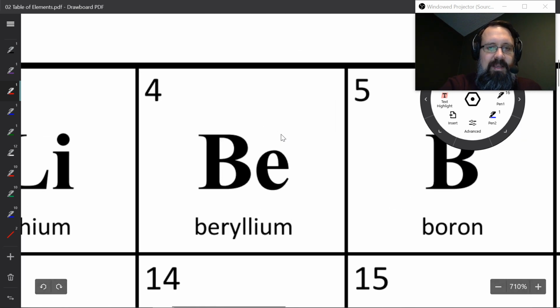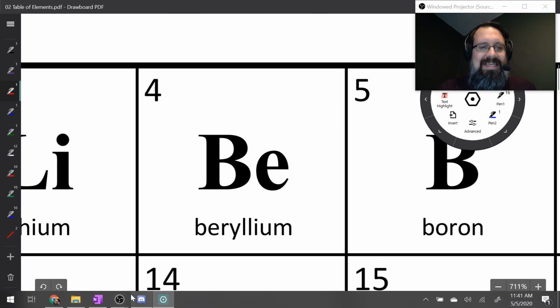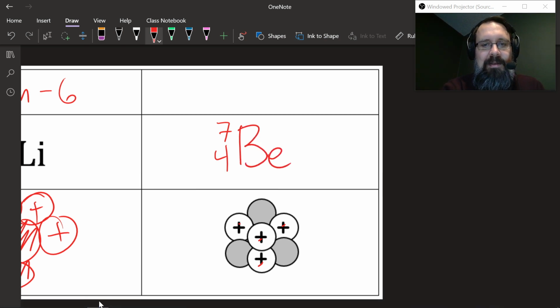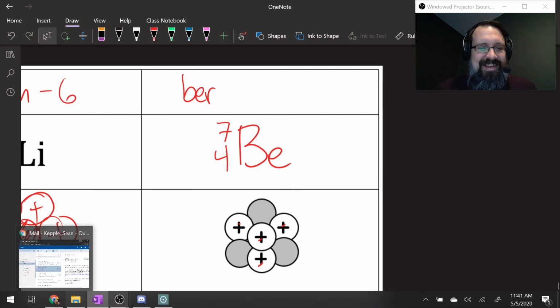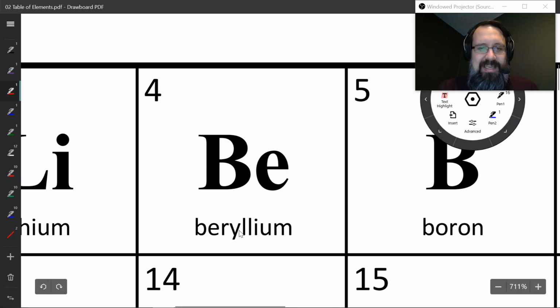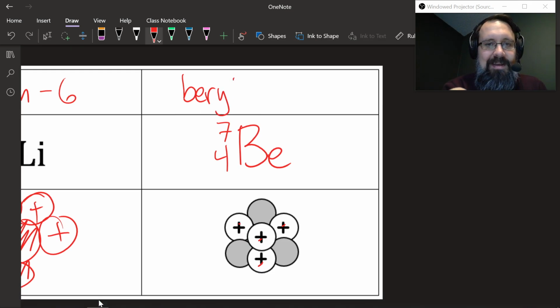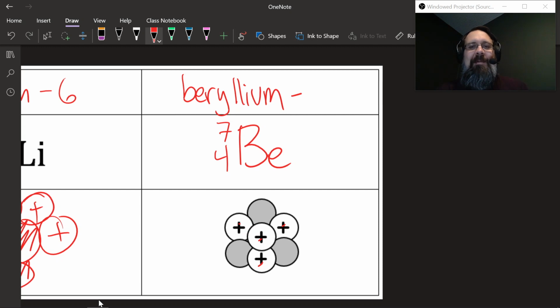So 4 is beryllium. So I'm just going to write Be. And then the element name is beryllium. So then the nuclide name is going to be beryllium-7. You got it.